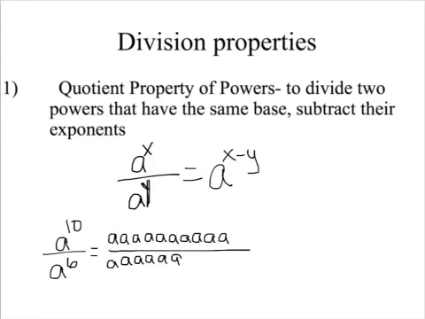And so we all know that anytime you have anything over itself as a fraction, because this is really just a fraction, that it equals 1. So that means this a over a equals 1. So all these a's over a's cancel out. And when I look, I have 4 a's left in the numerator. So I have a times a times a times a, which can be written in shorthand as a to the 4th.